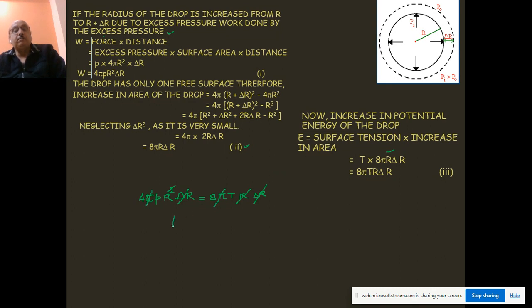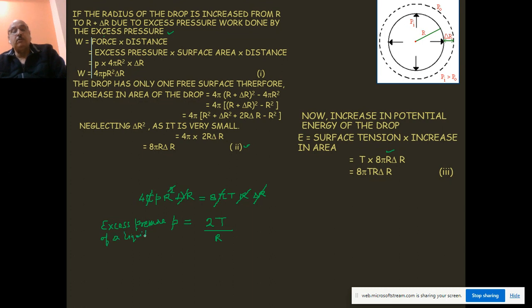So we will get the excess pressure is equal to 2T upon R. This is the excess pressure of a liquid drop.